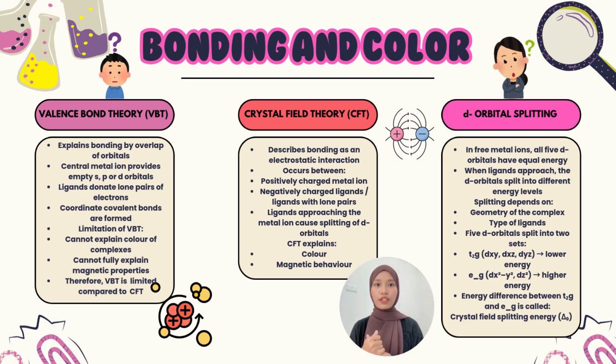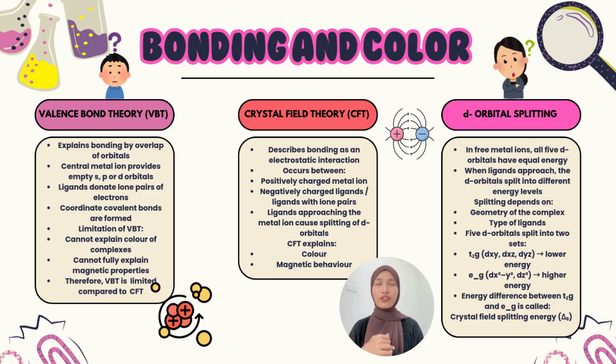Now let's look at the orbital splitting in more detail. In a free metal ion, all 5 d orbitals have the same energy. However, when ligands approach the metal ion, the degeneracy is removed and the d orbitals split.